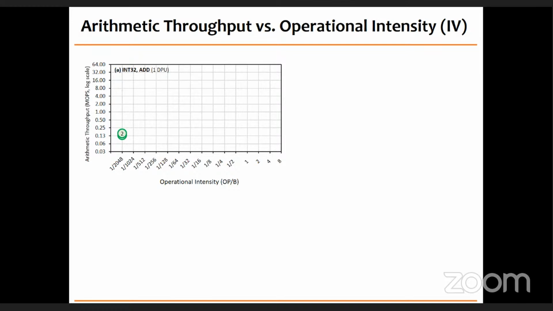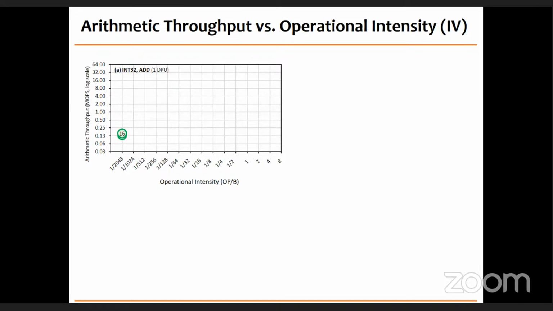The number inside each of these dots is the number of tasklets that we are using in our analysis. This is the throughput for 2 tasklets. If we increase the number of tasklets, as you see, the throughput doesn't change. What this means is that the arithmetic throughput saturated with 2 tasklets.